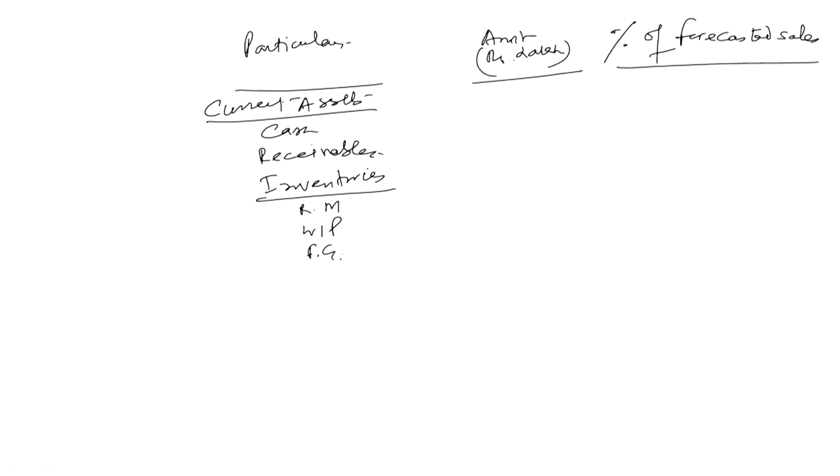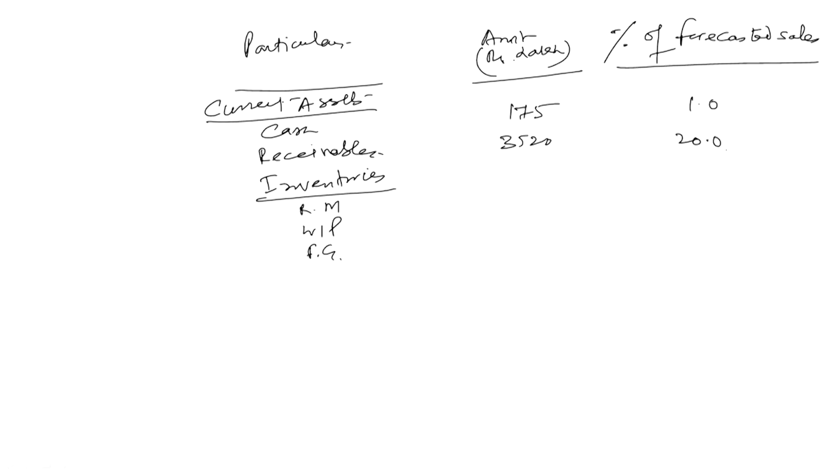In case of this part, we have the cash is 175 lakhs and receivables are 3520 lakhs. So, as a percentage of sales, the cash is roughly 1%, and receivables are 20%, right.